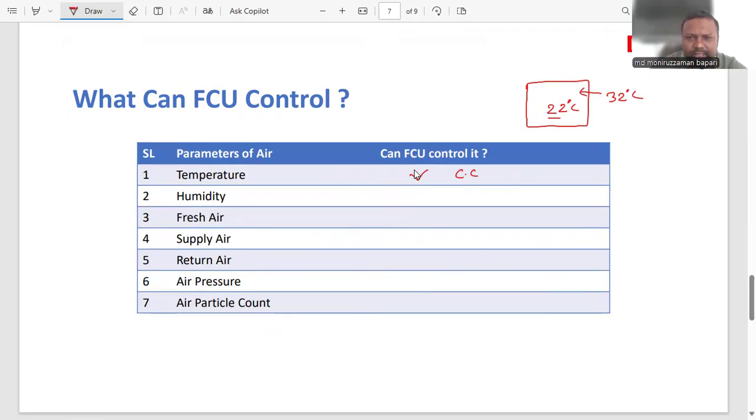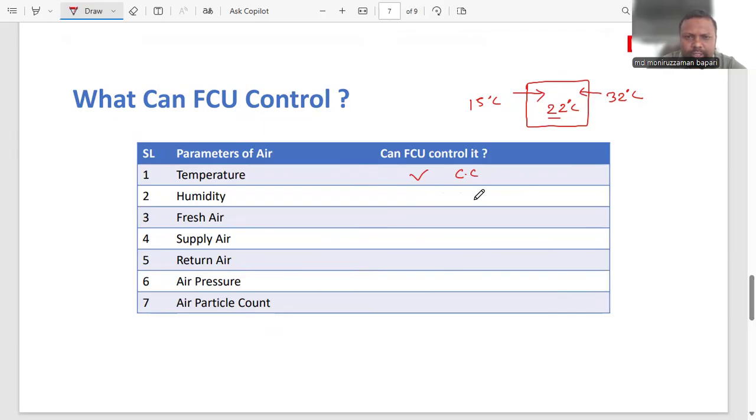If the ambient is, let's say, 15 degrees centigrade, it can bring it up to 22. This is only possible if the fan coil unit has both a cooling coil and a heating coil. With only a cooling coil or only a heating coil, this operation is not possible, and the unit will not effectively control the temperature.